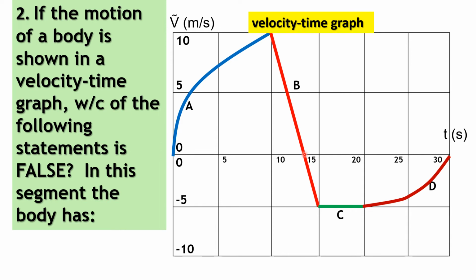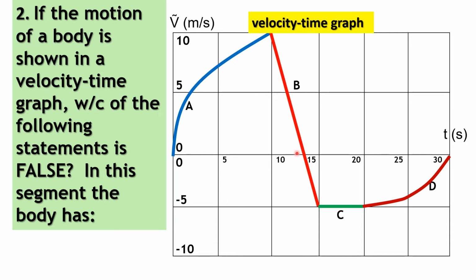Then from there, okay, as we continue, meaning from 13 seconds to 15 seconds, what is happening to the motion of the body? Okay, it starts from 0 velocity, then it increases in magnitude of velocity from 0, exactly at 15 seconds, the velocity becomes negative 5 meters per second.